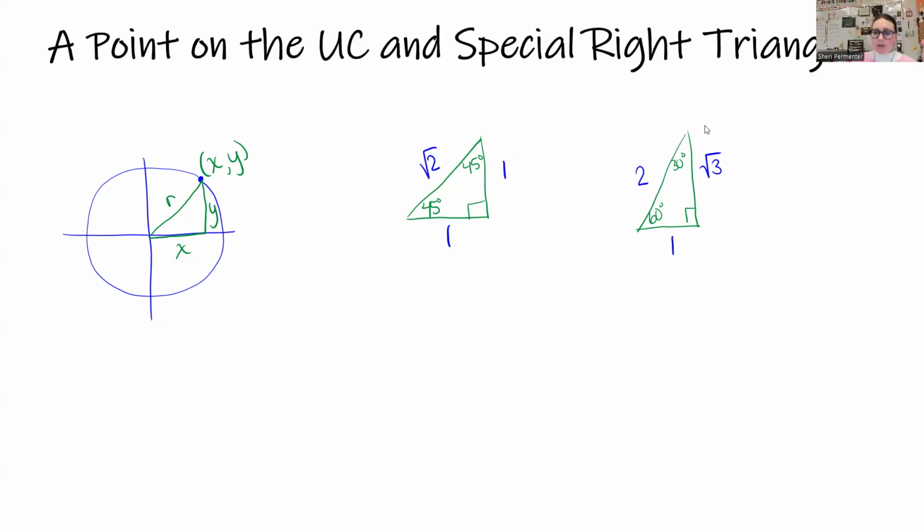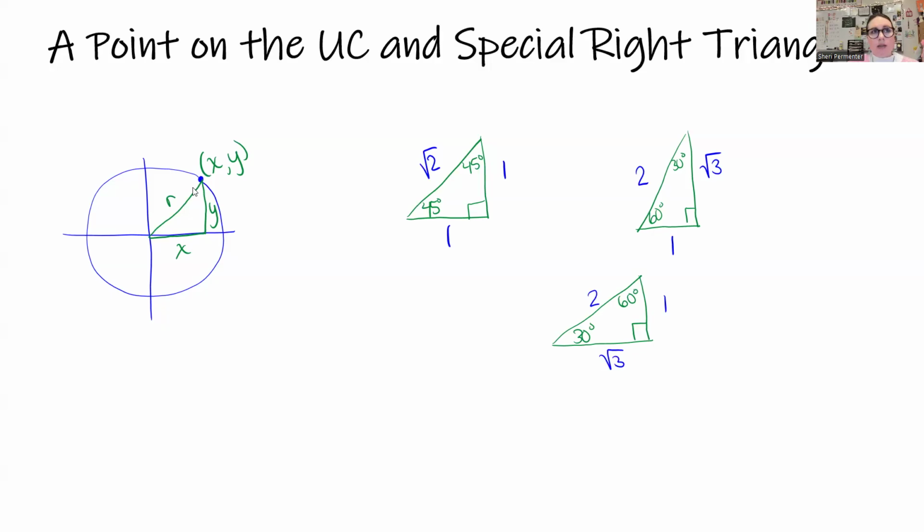We also have the 30 degrees. It's the exact same triangle, it's just turned so that you have this 30 and then 60 and 90. And that one has side lengths: across from 30 we've got 1, the hypotenuse is always 2, and then we have the square root of 3.